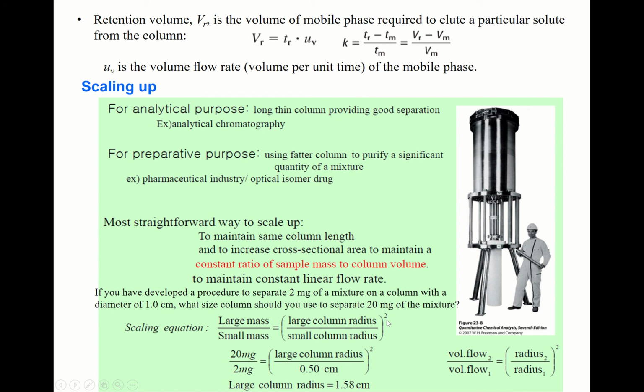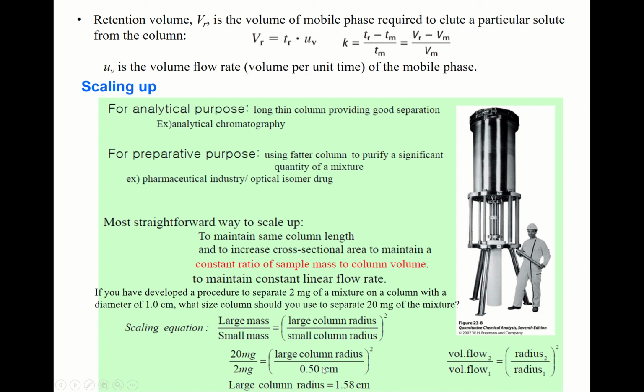Squared. 20 milligrams divided by 2 milligrams is what? The small column size is already given here, 0.5 centimeters.